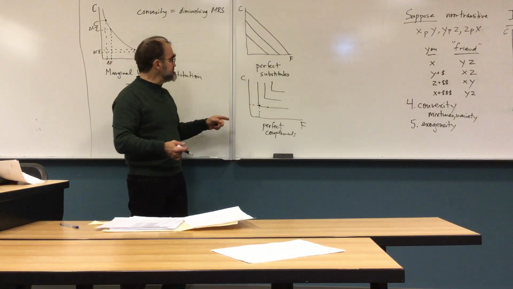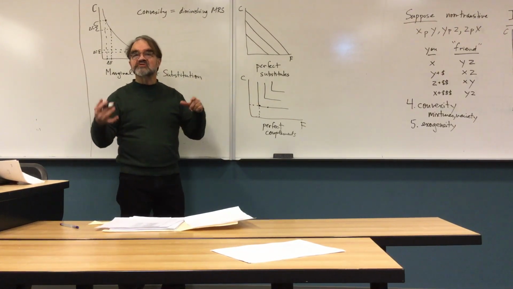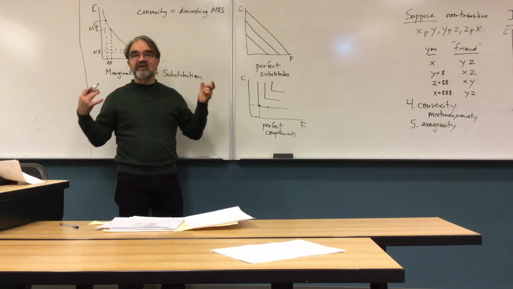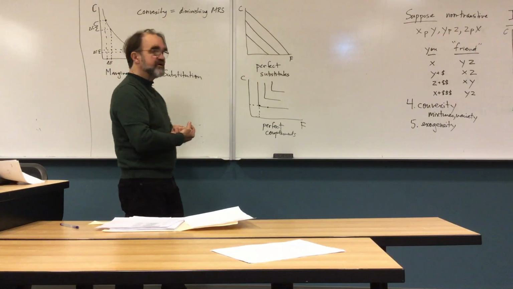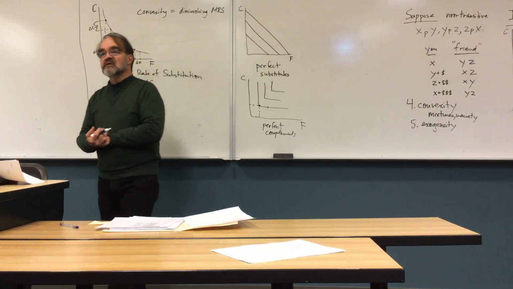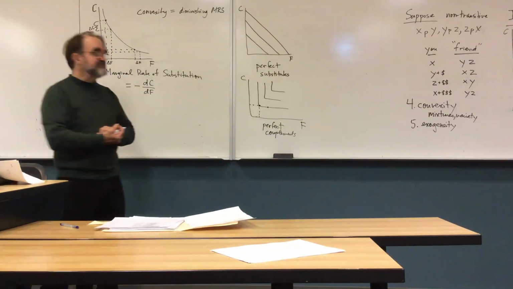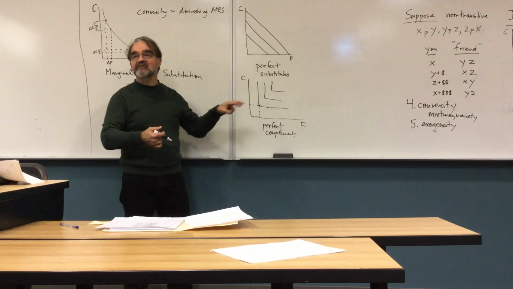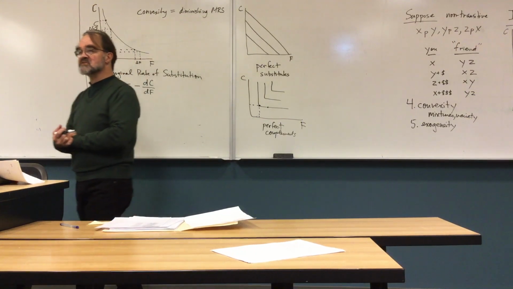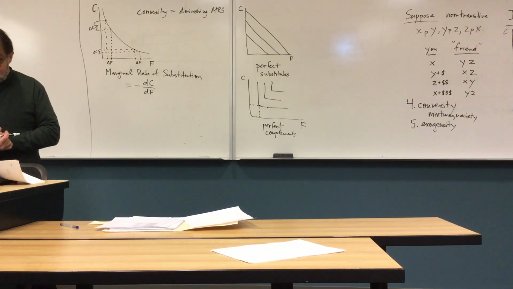A good example of this would be right shoes and left shoes. Usually you need both of them. Or, it's been argued by some of my students that pizza and beer are perfect complements: one slice, one glass.